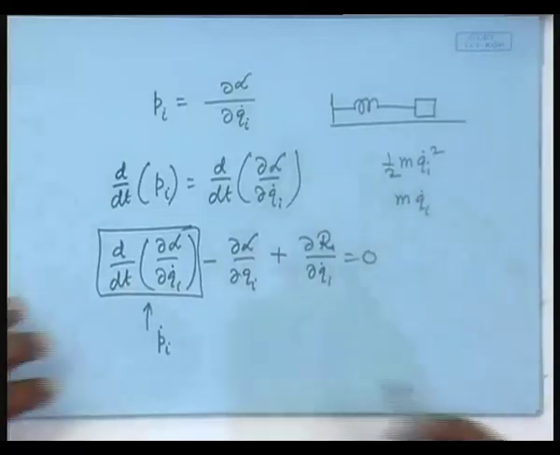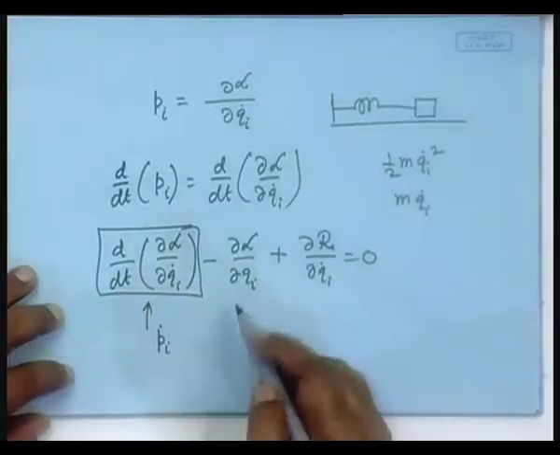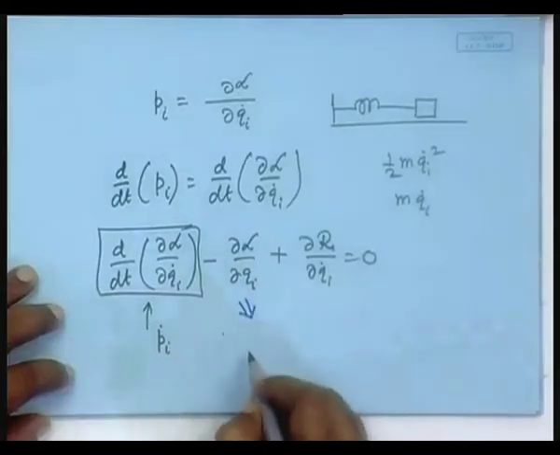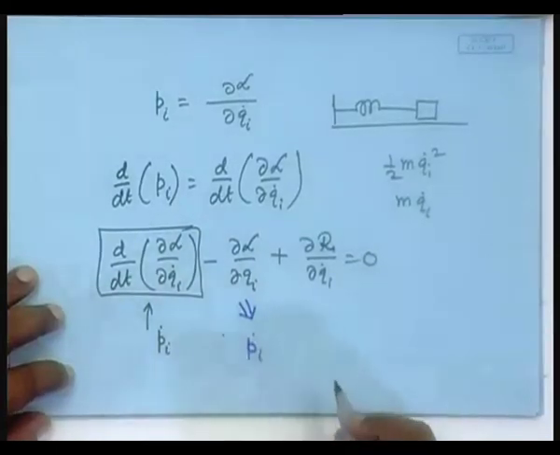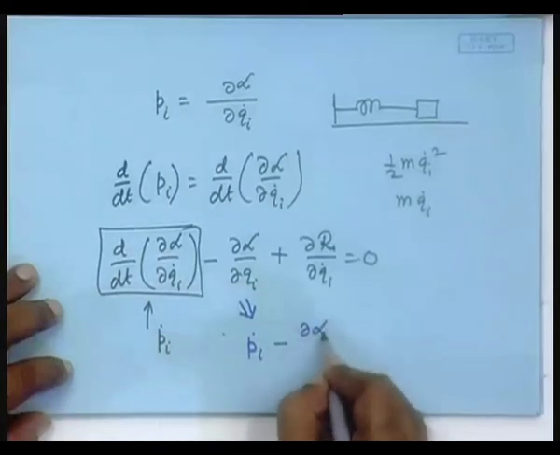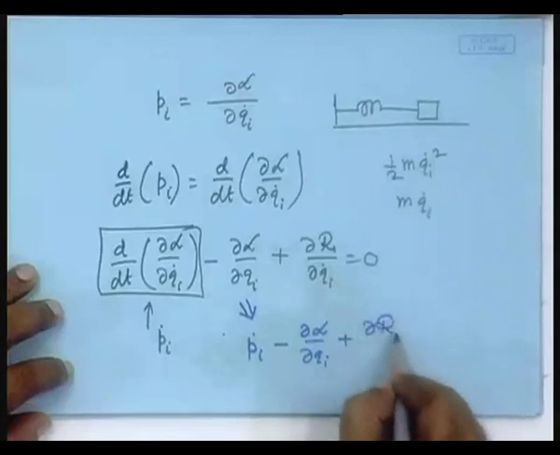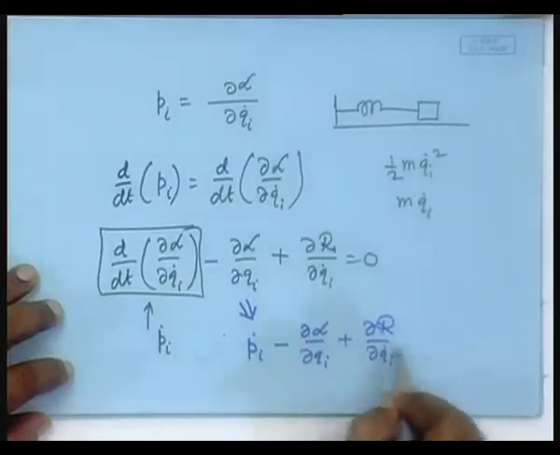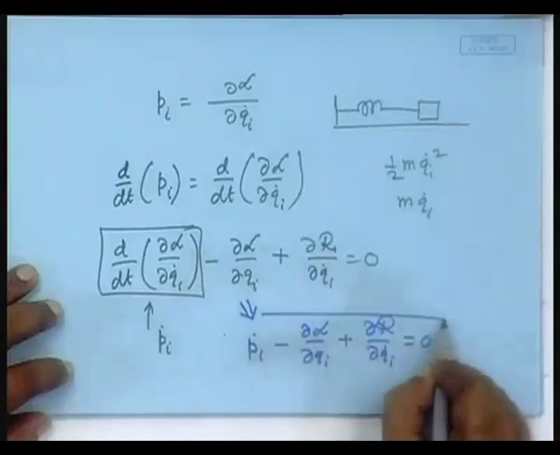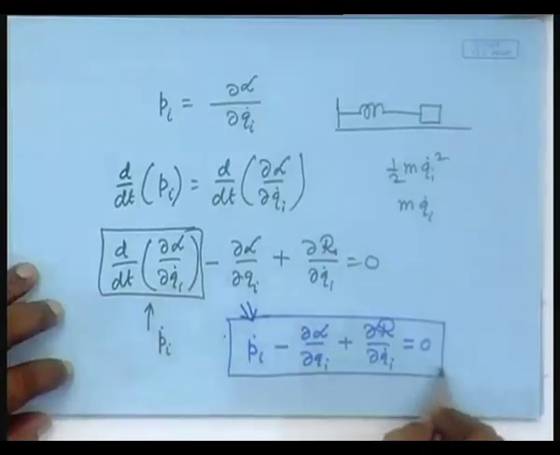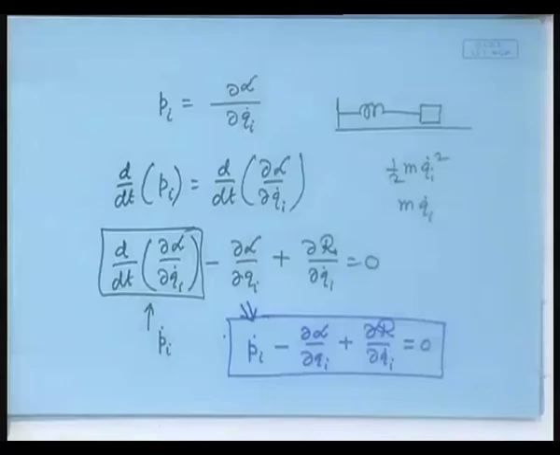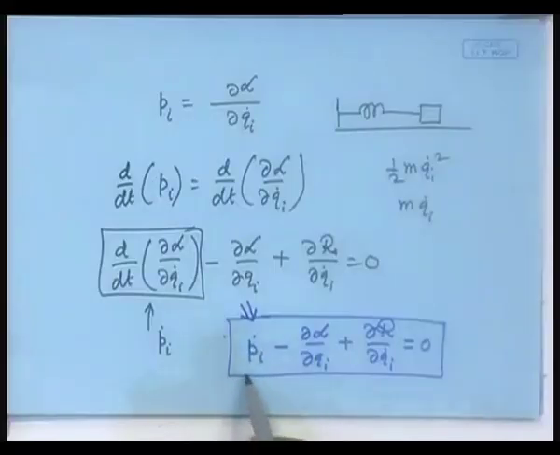So, finally your equation becomes p i dot minus the remaining terms equal to zero. So, it has this dotted term, and you directly obtain the first order differential equation.